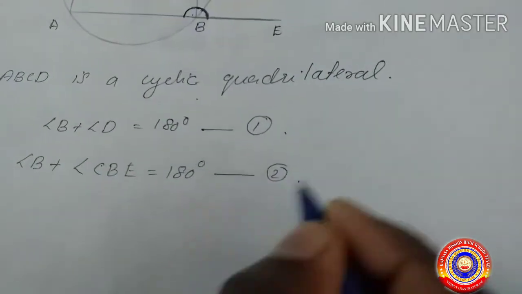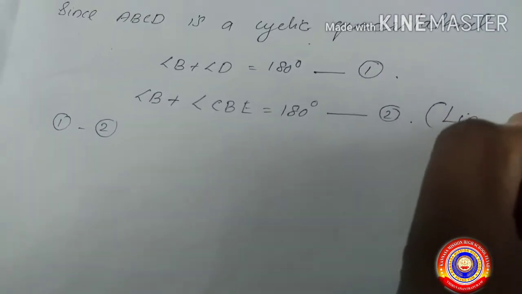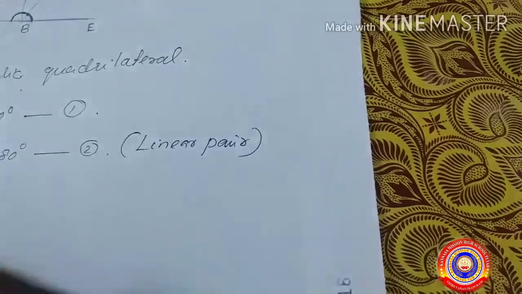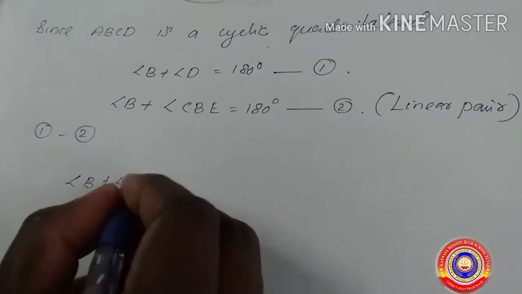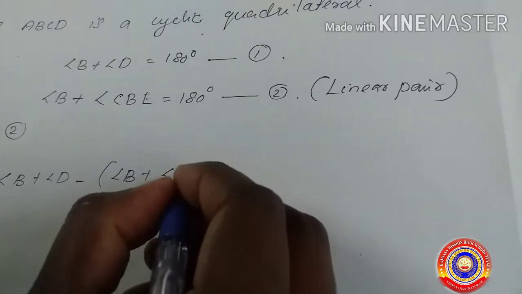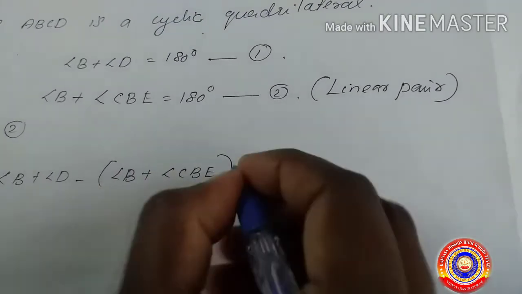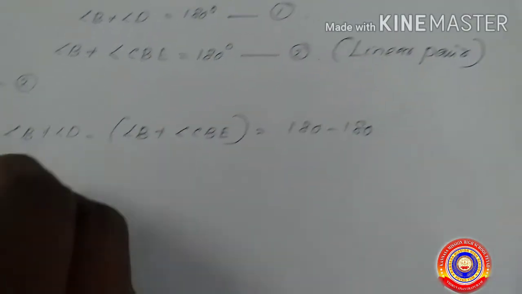It is equation number 2 because it forms a linear pair. Next we have to subtract equation 1 minus 2. That means angle B plus angle D minus (angle B plus angle CBE) equal to 180 minus 180.